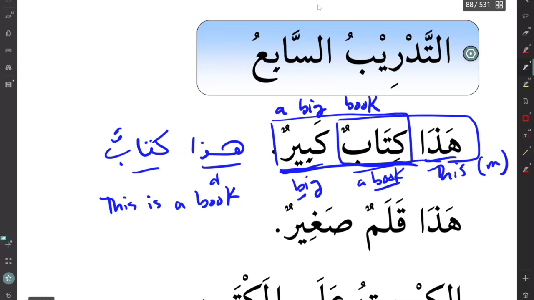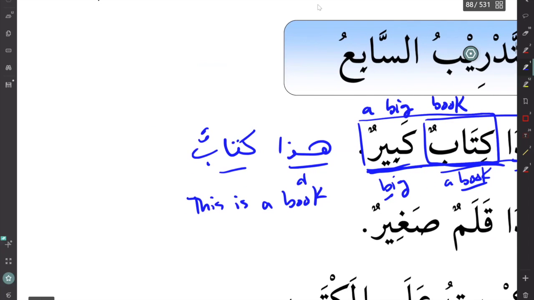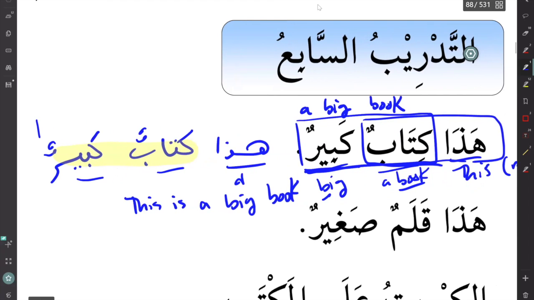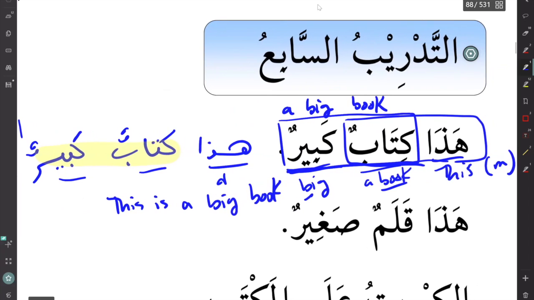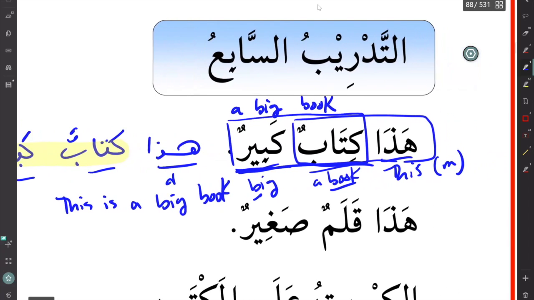Now it's describing the book by saying kabir, kabirun. Because both of them are indefinite, this part here is your adjective. So you have to translate, this is a big book. Okay, you understand this? هذا كتاب كبير. This is a big book.